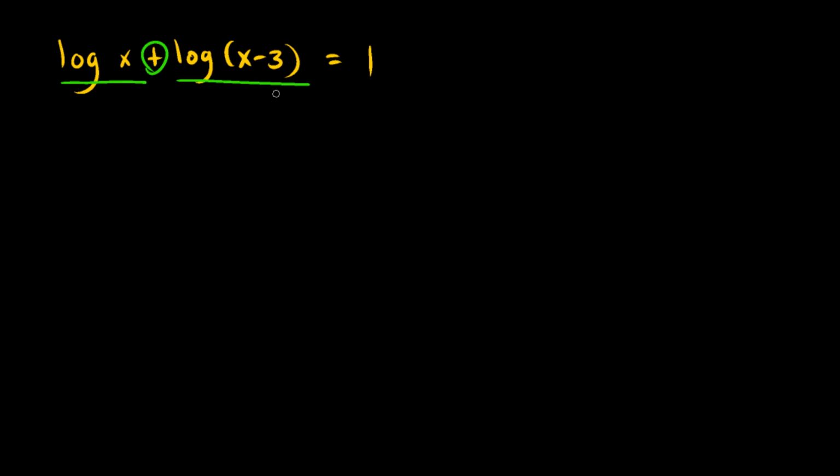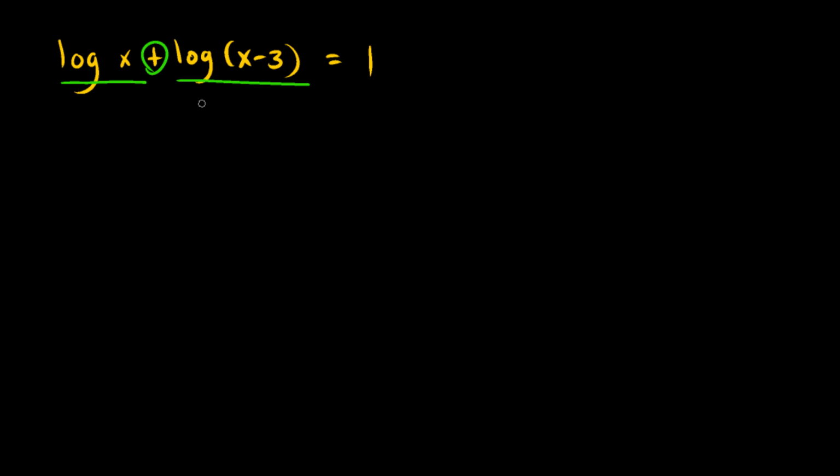Let's do another example. Let's say we have log x, so we're dealing with base 10 here, plus log of x minus 3 equals 1. First step, you want to simplify as much as possible. On this left-hand side, we have a logarithm plus a logarithm.